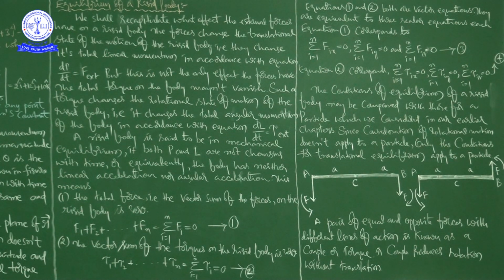Two of these conditions correspond to translational equilibrium: the sum of the components of the forces along any two perpendicular axes in the plane must be 0. Listen to the condition carefully. This is the condition regarding the two conditions.